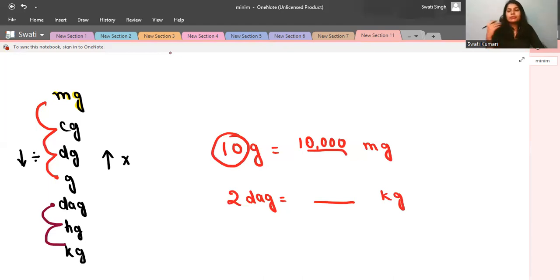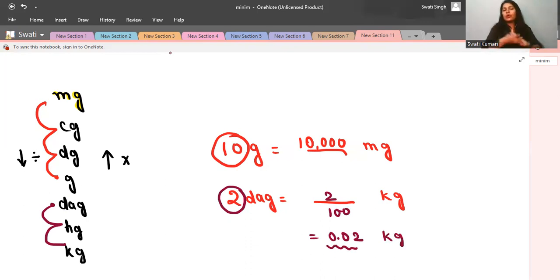So that 100 you will divide by this number. So 2 upon 100, and 2 upon 100 is 0.02. So 2 decagram is equal to 0.02 kilogram. And similarly, you can solve any other question also.